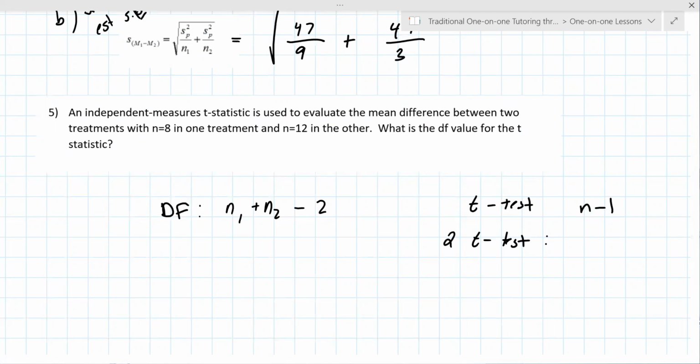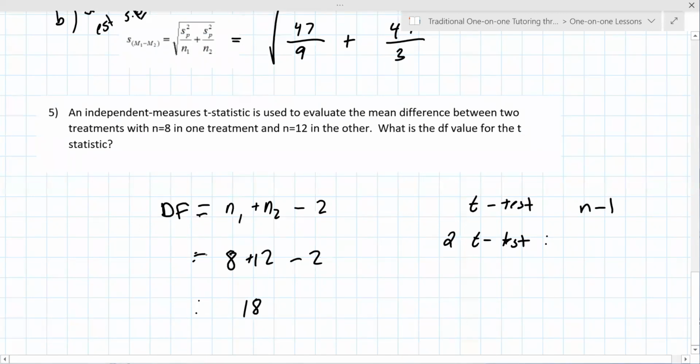It doesn't look like it's been covered. So anyway, in short, it is 8 plus 12 minus 2, which is 18. But you may be asked for that. There's degrees of freedom in all the tests that you're doing. So it's something that could come up again.